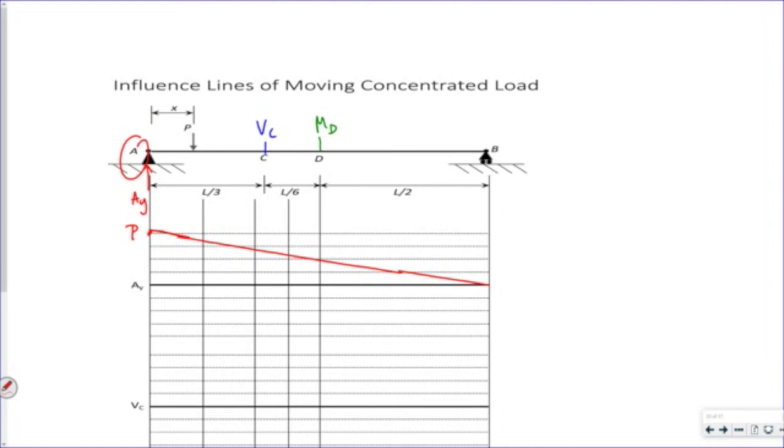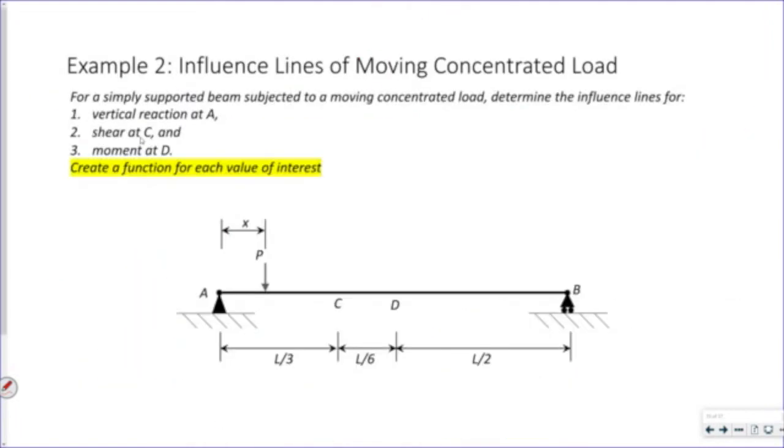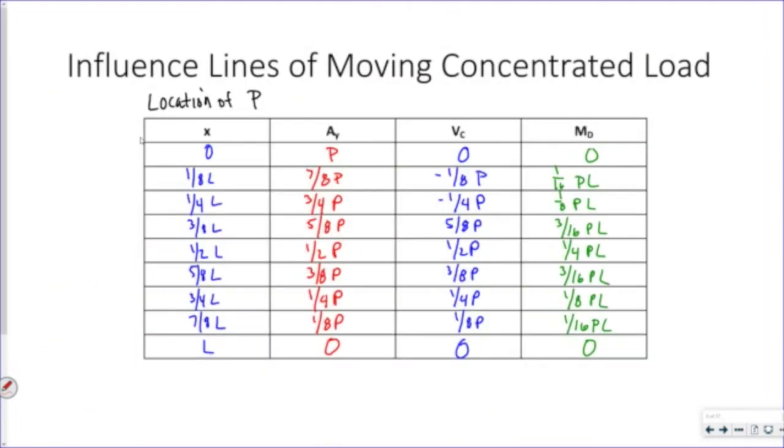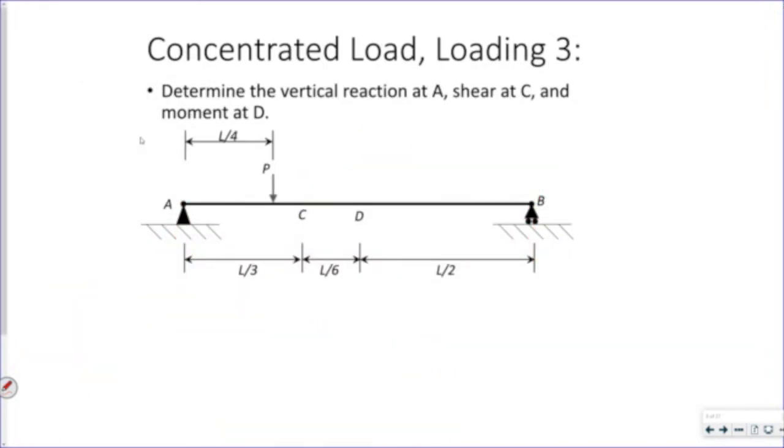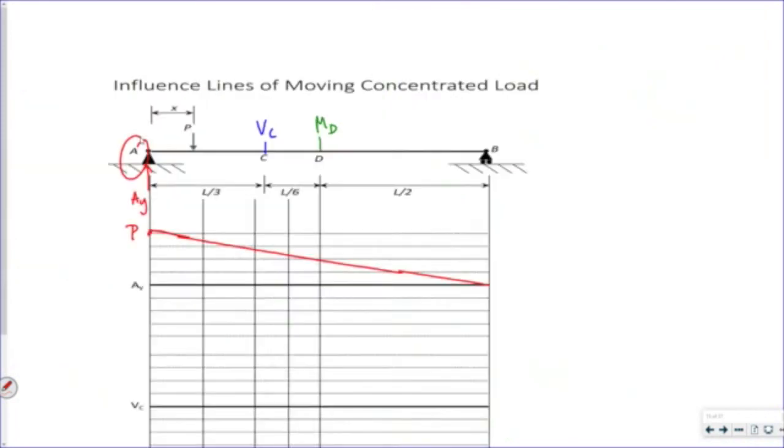That goes along with what I figured out from my table. Starts at P, decreases down to 0. That means if I put my load right at A, then my reaction at A is P. If I put my load right at the middle, my reaction is P over 2.